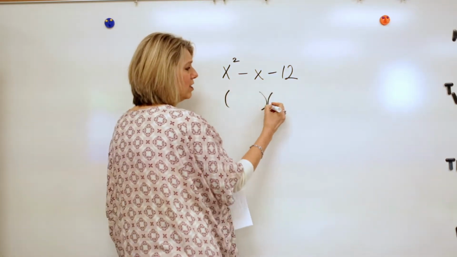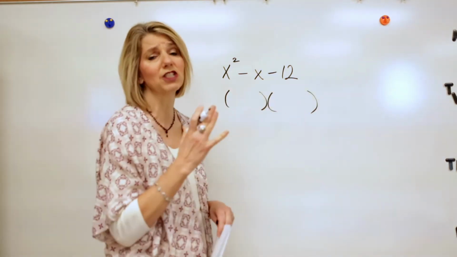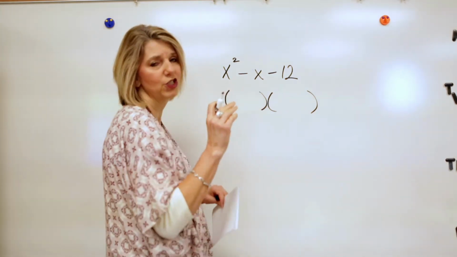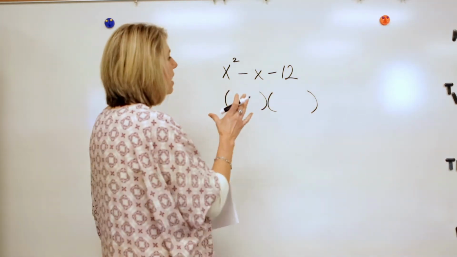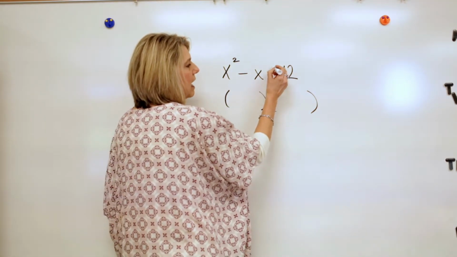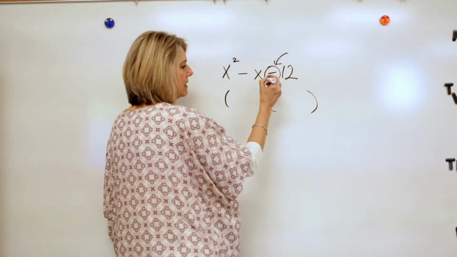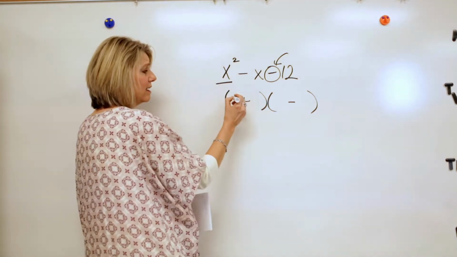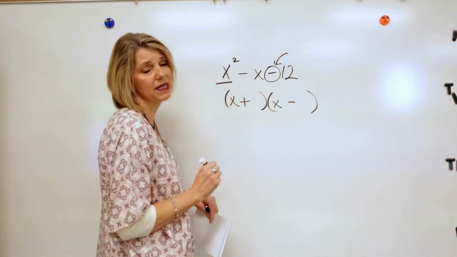I could go into a lot longer how I actually teach this, but right now I'm just doing a quick little version here. If I'm going to factor this, I know that my signs are going to be opposite. To get the x squared, I'm going to say x times x.